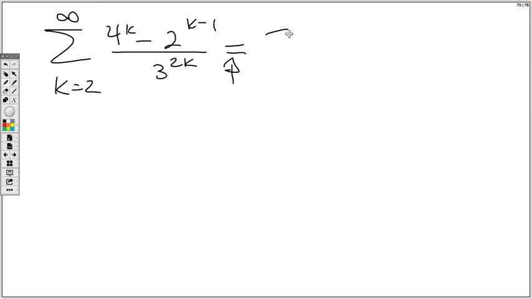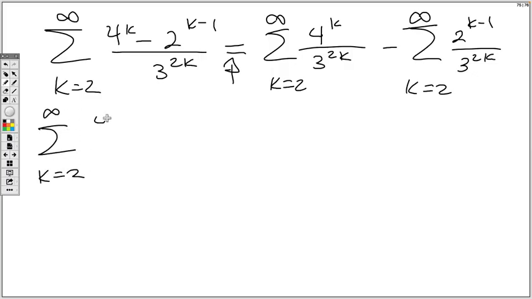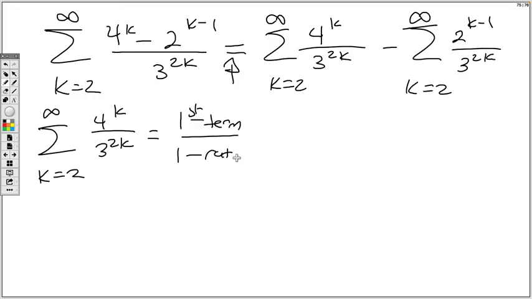Because of properties of convergent sums, that's the sum k goes from 2 to infinity of 4 to the k over 3 to the 2k, minus the sum k goes from 2 to infinity of 2 to the k minus 1 over 3 to the 2k. And the sum k goes from 2 to infinity of 4 to the k over 3 to the 2k, once again, that's going to be the first term over 1 minus the ratio.